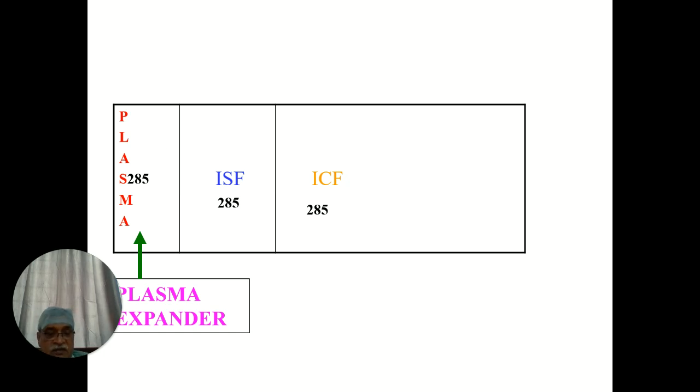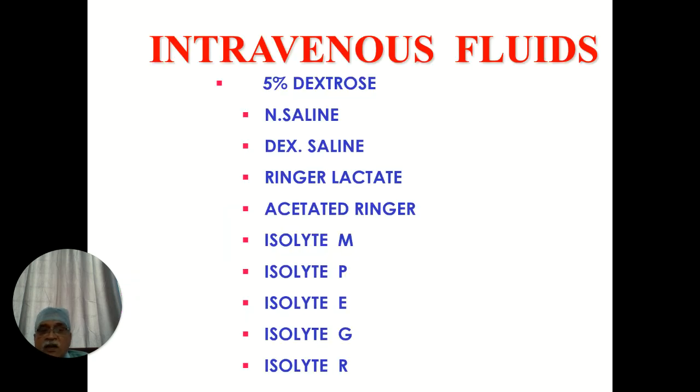So they are known as plasma expanders. The various intravenous fluids available to us are 5% dextrose, normal saline, dextrose saline, Ringer's lactate, Ringer's acetate, Isolyte M, P, E, G, R, etc.